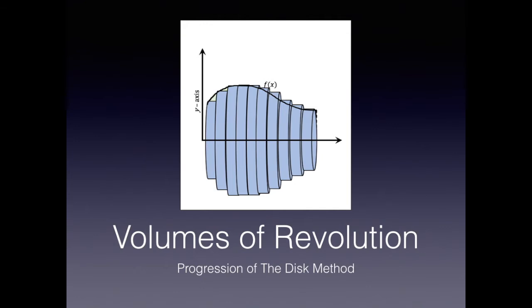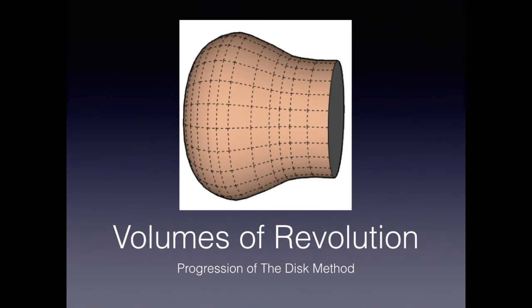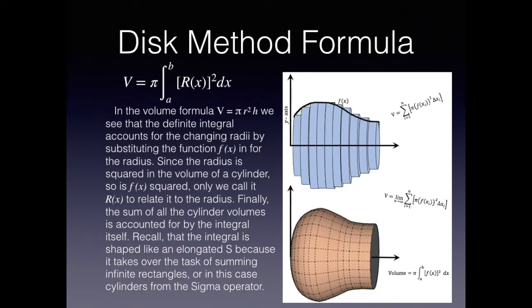And we have a limit that as the number of disks goes to infinity, it will give us a smooth and perfect representation of the 3D figure. And it would look something like this. So that's what we're doing with the integrals. The integrals are finding this volume. As the number of rectangles or disks goes to infinity, we get a smooth representation of the three-dimensional figure.